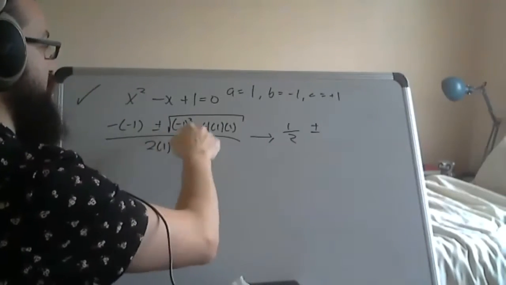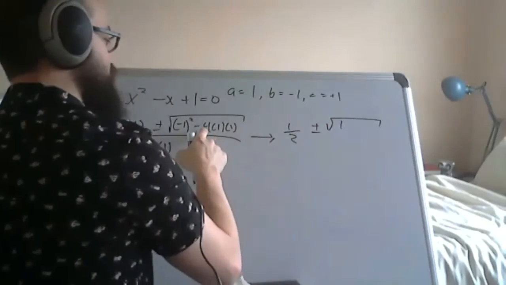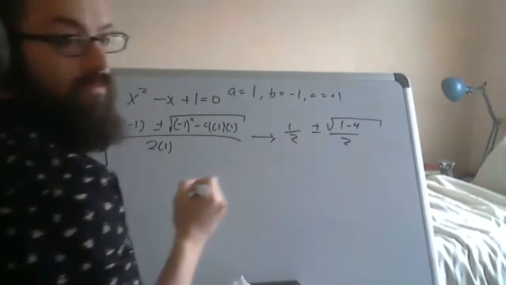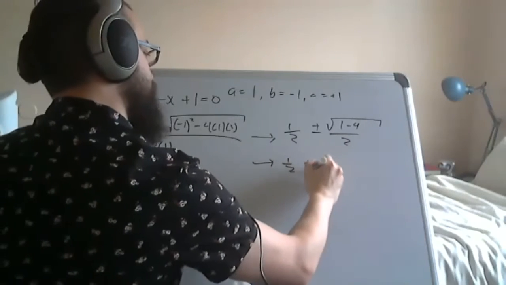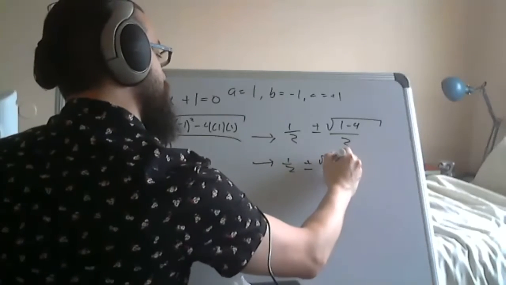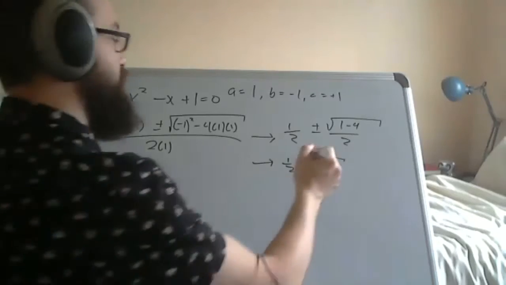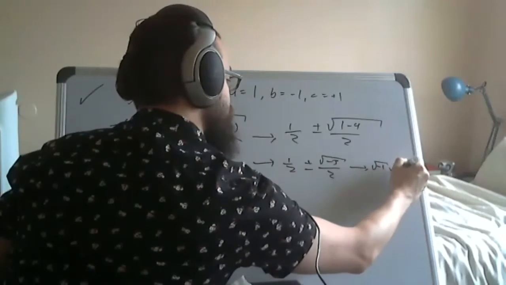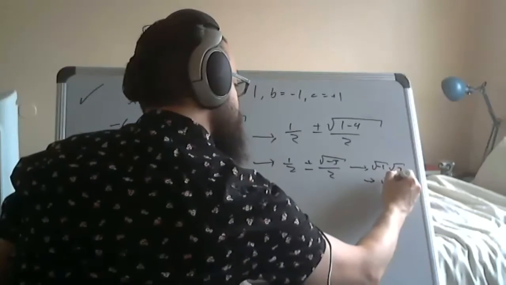Now, negative 1 squared is 1. So what we have is 1 minus 4 times 1 times 1. We have 1/2 plus or minus the square root of negative 3. But remember, the square root of negative 3 is the square root of negative 1 times the square root of 3, which is going to be i times the square root of 3.